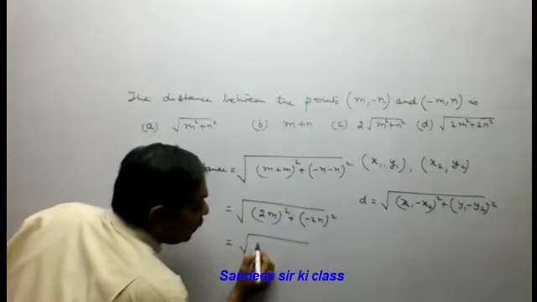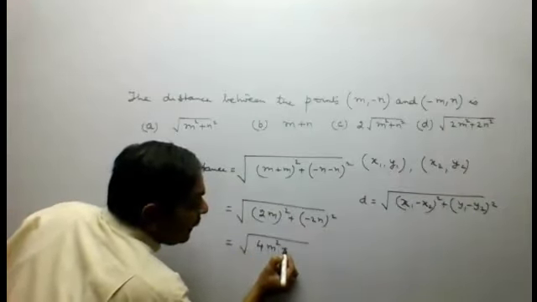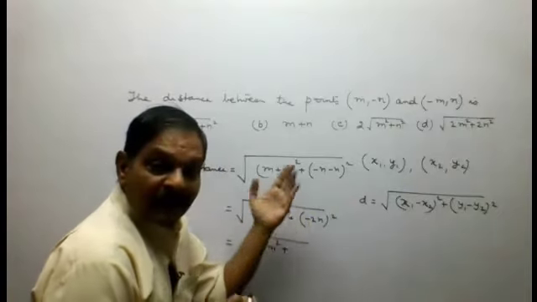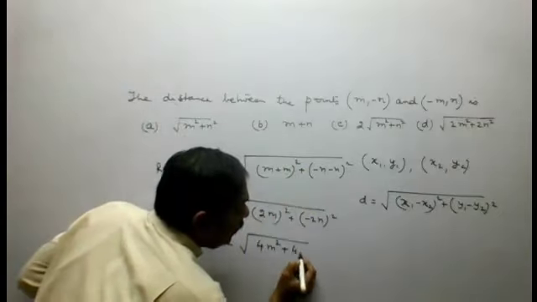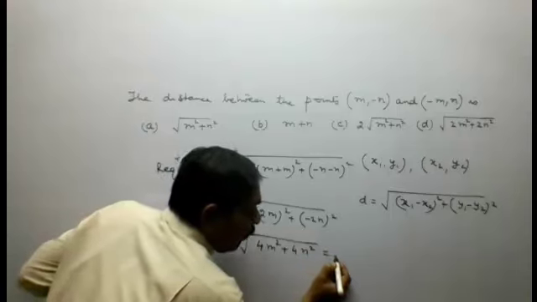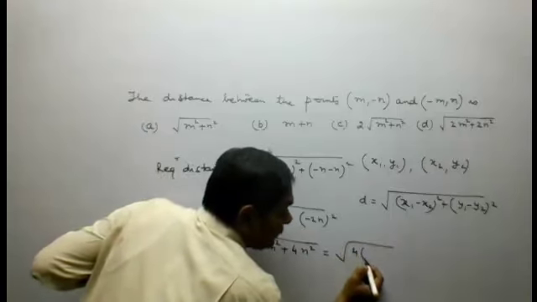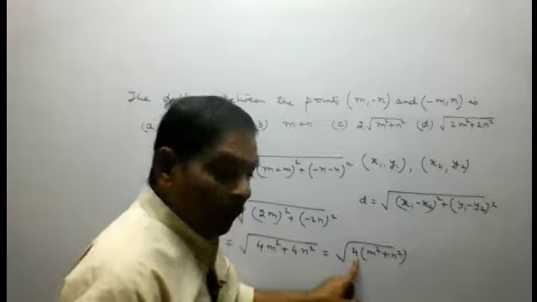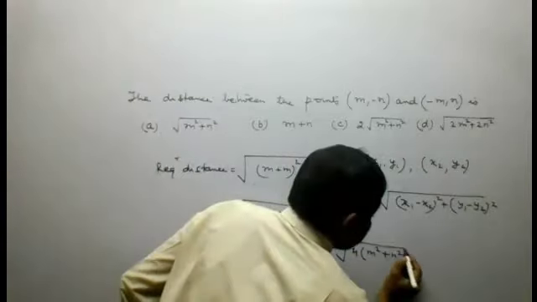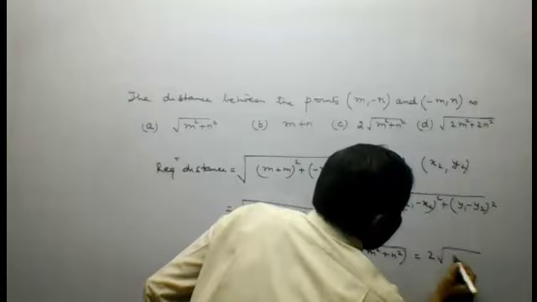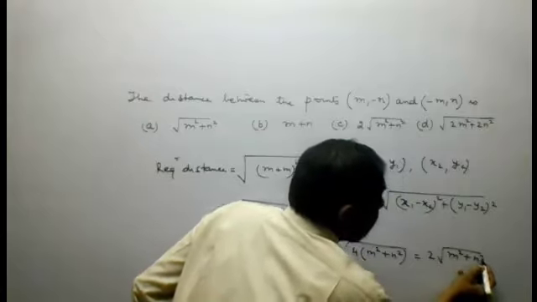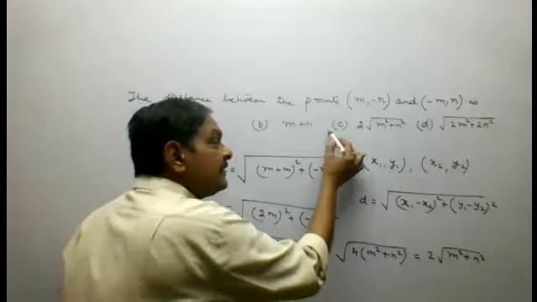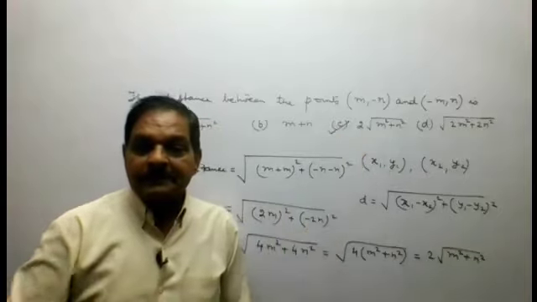So it will be under root 4m square, and this also gives me 4 because minus square will become plus. So it will be 4n square. 4 can be taken common. This will be m square plus n square, and under root 4 we know is 2. So this will be equal to 2 under root m square plus n square. So here the option C is the correct option.